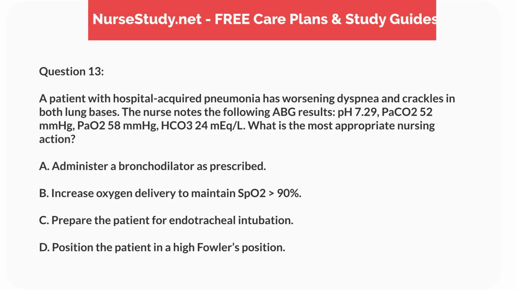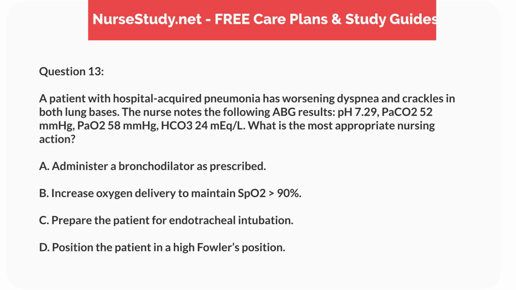A patient with hospital-acquired pneumonia has worsening dyspnea and crackles in both lung bases. The nurse notes the following ABG results: pH 7.29, PaCO2 52 mm of mercury, PaO2 58 mm of mercury, HCO3 24 milliequivalent per liter. What is the most appropriate nursing action?